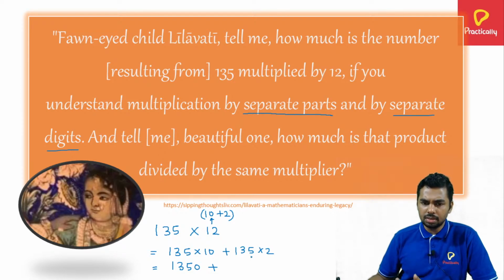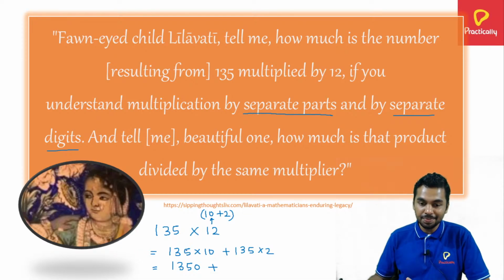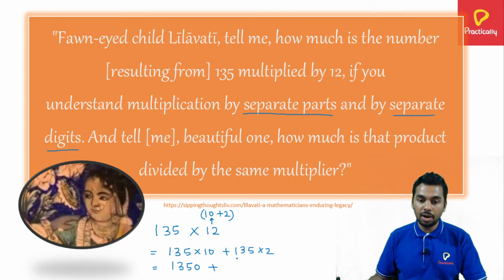135 into 2 is just doubling, right? So you can apply the sutra called anurupyena. The distributive property in Vedic mathematics is called anurupyena, or proportionally. So 135 is 100 plus 35. The double of 35 we know is 70 and the double of 100 we know is 200.